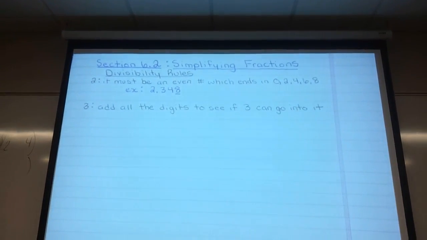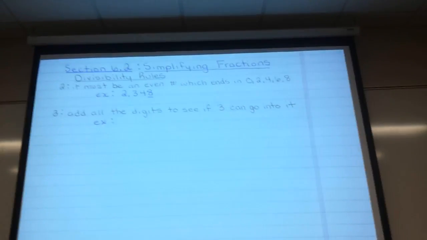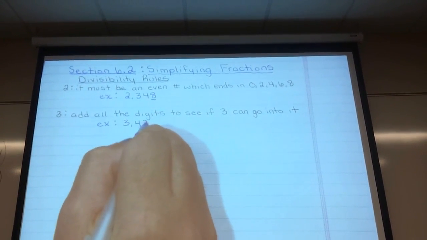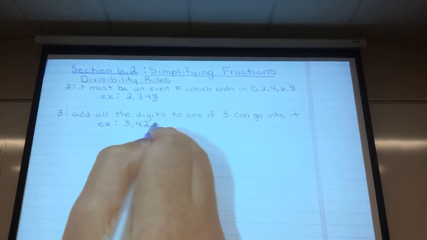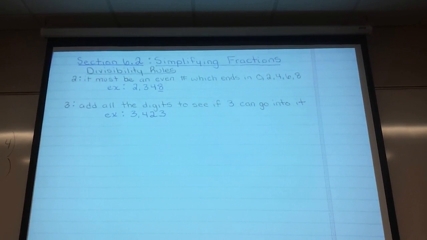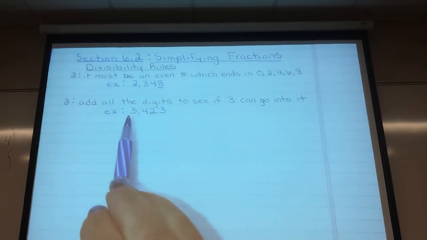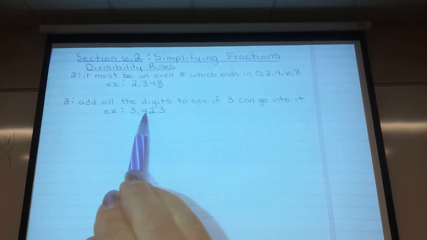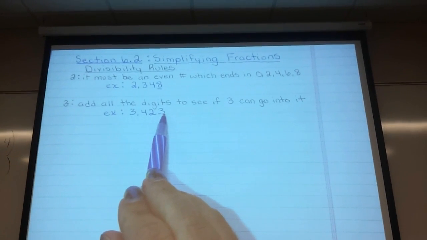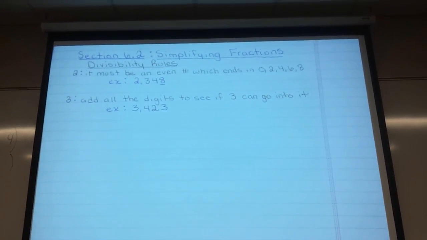What I mean by that is, let's say we have 3,423. If I add these digits up, what would 3 plus 4 give you? 7. Plus 2, plus 3. Can 3 go into 12? Yes. Then 3 can go into that huge number.